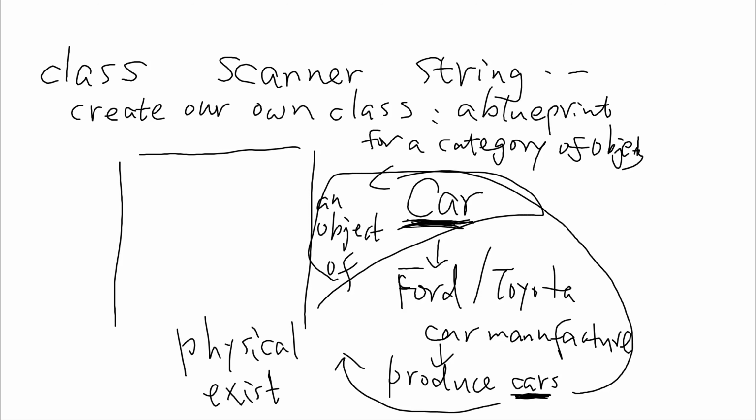So in our terms, we say car is a class, and this class is a blueprint for what? For this category of moving machines that have 4 wheels, run on gasoline or electricity, and people can drive.